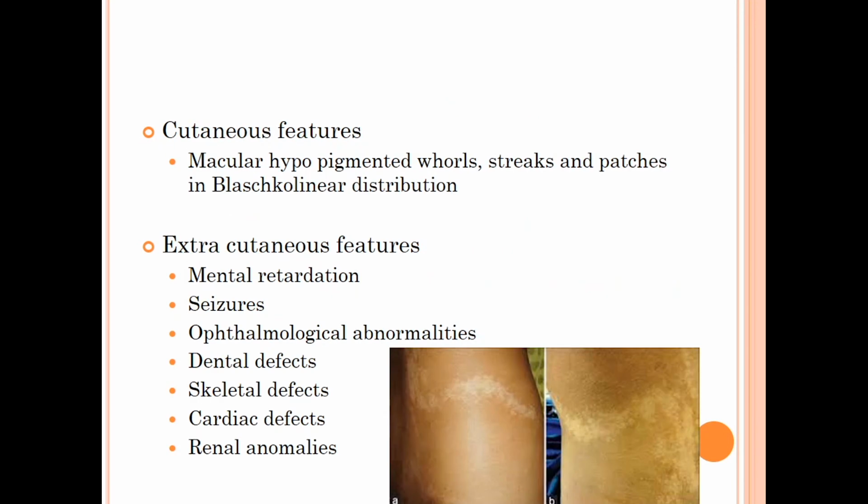So the cutaneous features include maculo-hyperpigmented whorls, streaks and patches in Blaschko-linear distribution, and extracutaneous manifestations involving various organs: neurological, ophthalmological, dental, skeletal, cardiac and renal abnormalities.